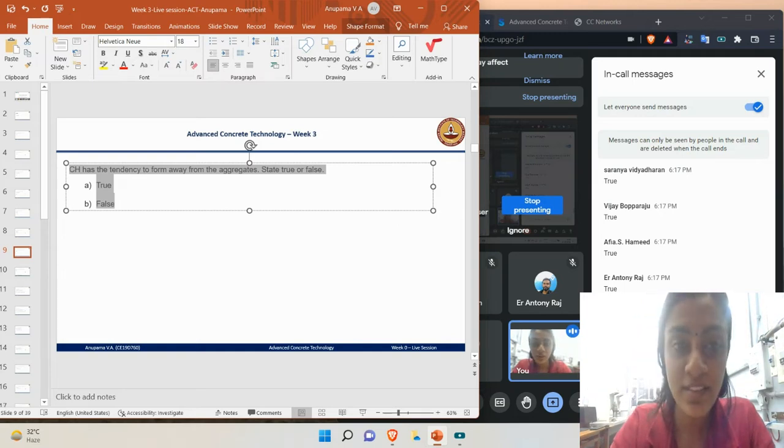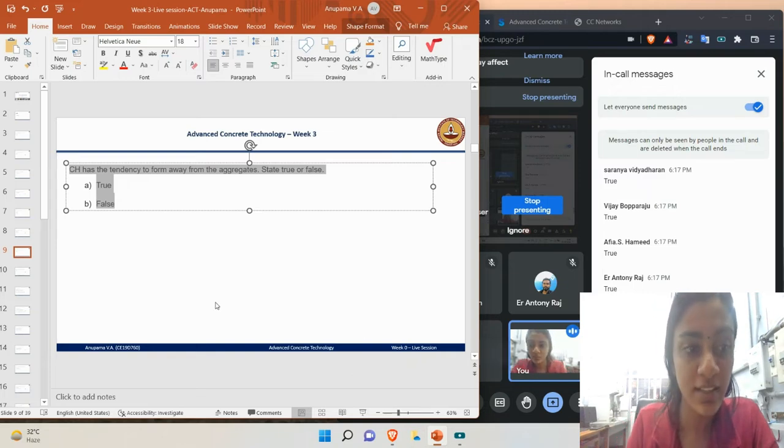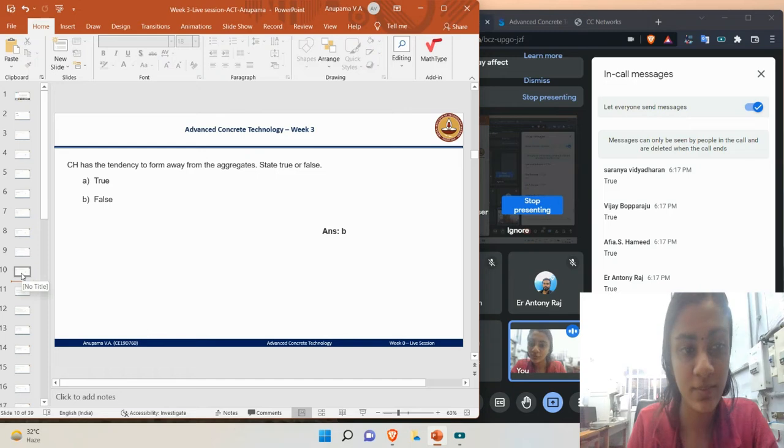So CH always has the tendency to form near the aggregates and not away from them. So the correct answer is false. It has the tendency to form near the aggregates and not away from the aggregates.